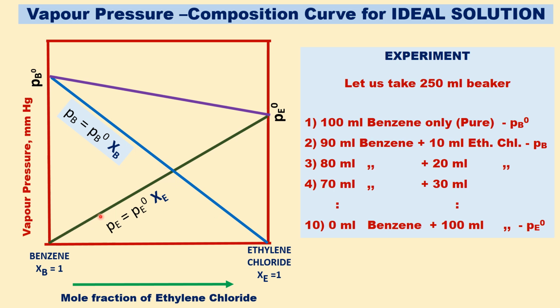In this plot, we have taken only the partial pressure of ethylene chloride. This is the total vapor pressure of the solution, that is components A and B. So this is the vapor pressure composition curve for an ideal solution. We have now constructed the vapor pressure composition curve for an ideal solution.